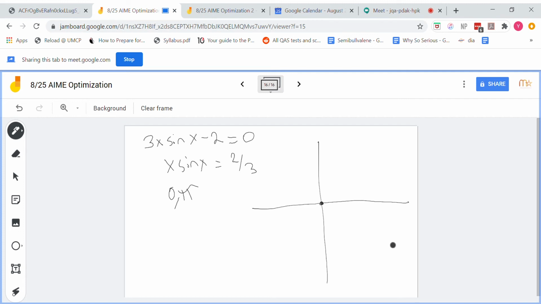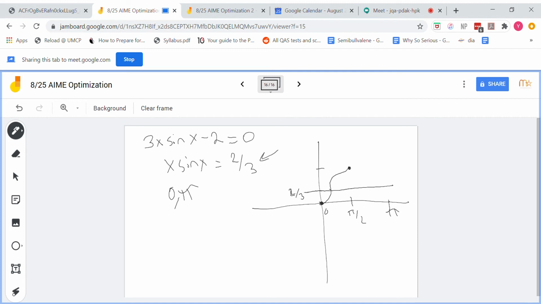So if this is 0, this is pi halves, this is pi. And because this is a continuous function, at some point it's going to pass through 2/3, right? And so there is a solution between 0 and pi halves, in fact, not even 0 and pi, that satisfies x sine x equals 2/3.